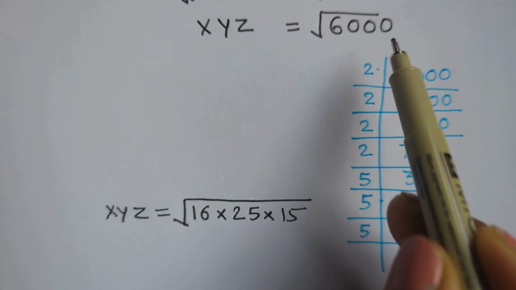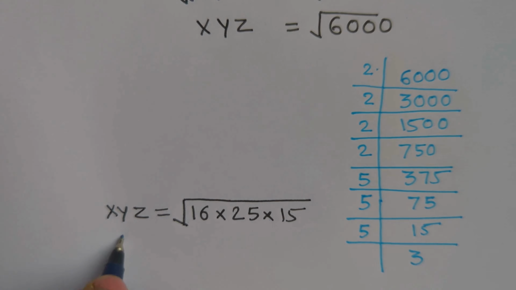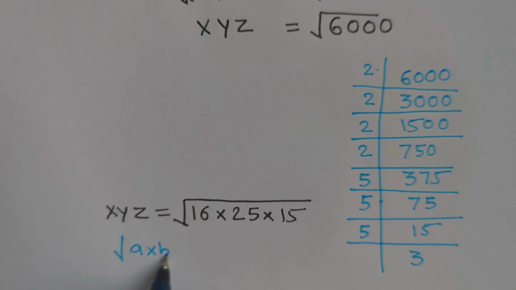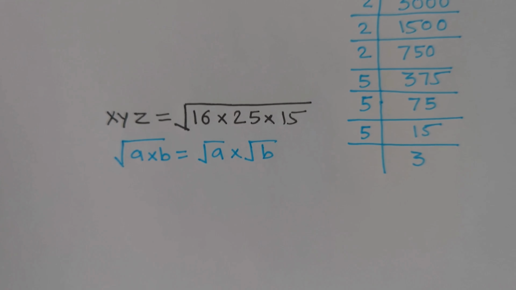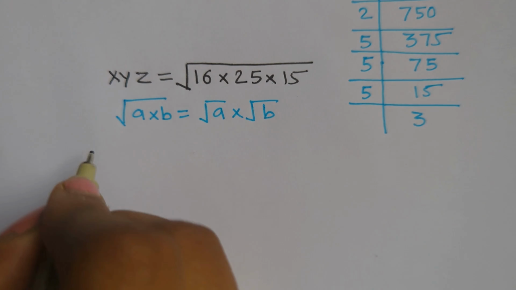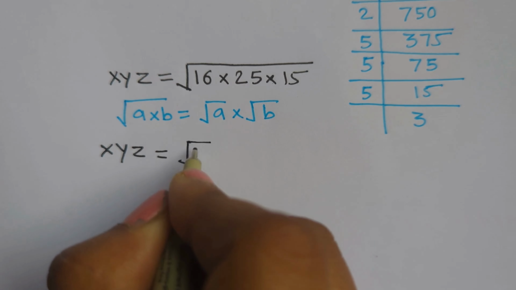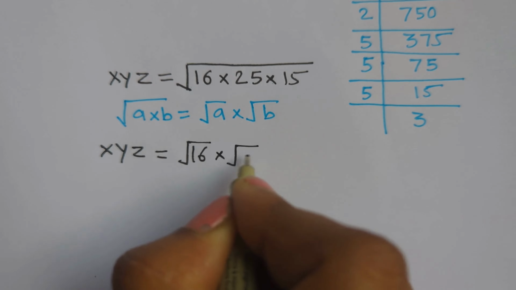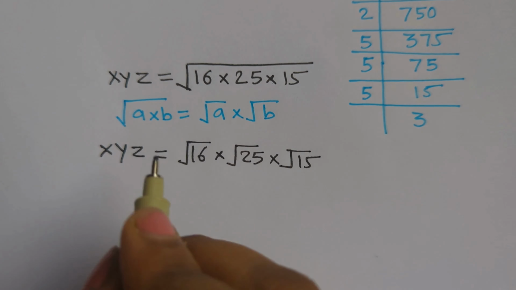So the square root of 6000 is nothing but the square root of 16 into 25 into 15. Now we know a formula: the square root of a into b can be written separately as the square root of a into the square root of b. So let's use that. xyz would be the square root of 16 into the square root of 25 into the square root of 15.